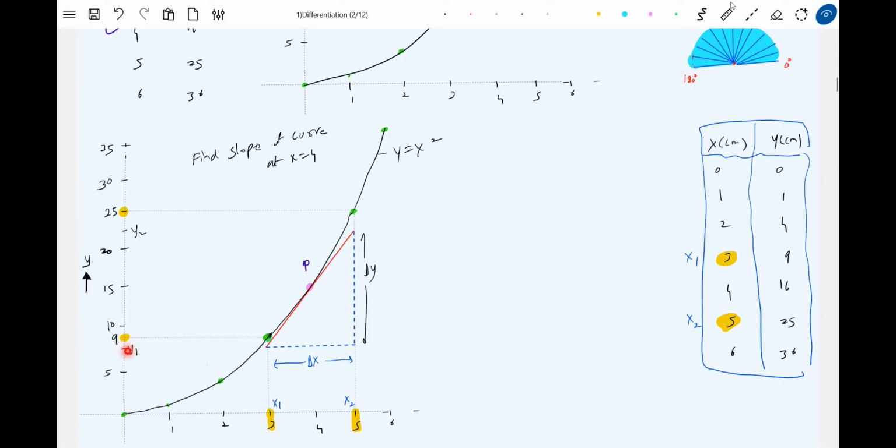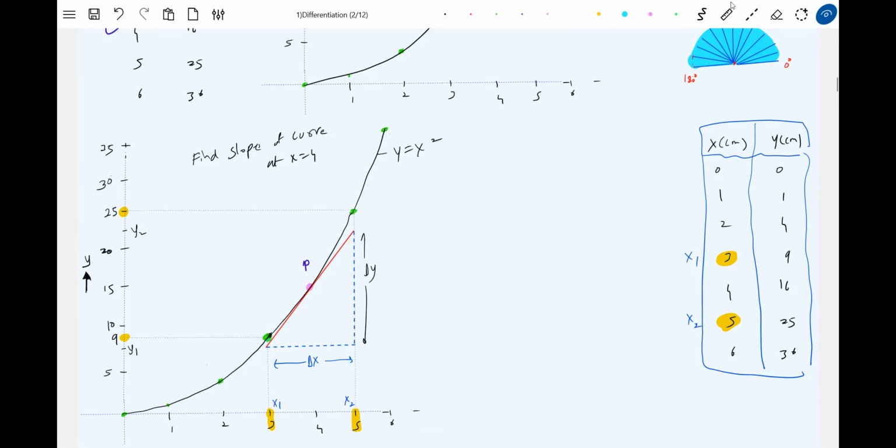For x1, y should be 9, but you are tabulating something other than 9, which will not obey this equation.